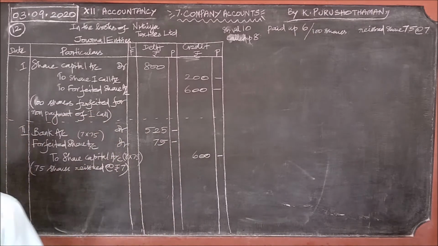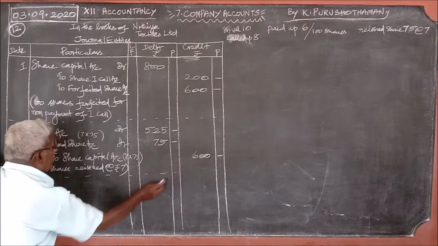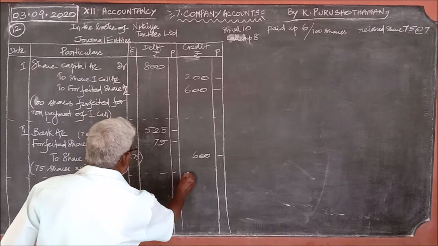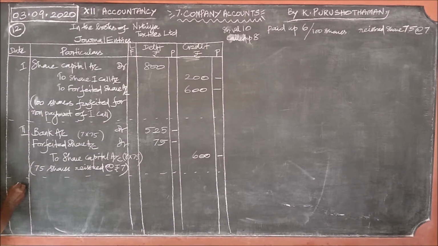Then the third journal entry, profit or gain on reissue. For this, what should we write?